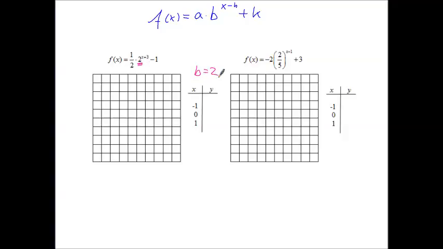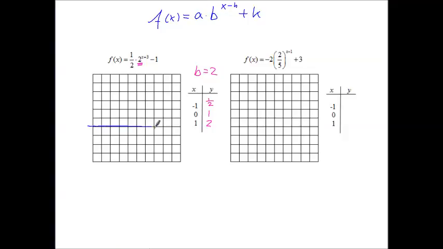So our key points are 2 to the power of negative 1 is 1/2. Just flip your number. 2 over 1 gets flipped into 1/2. 2 to the power of 0 is 1, and 2 to the power of 1 is itself. We had these numbers just a few moments ago.